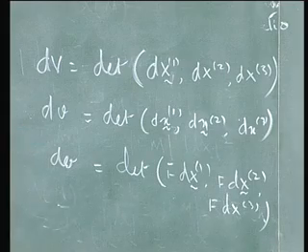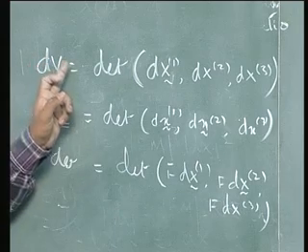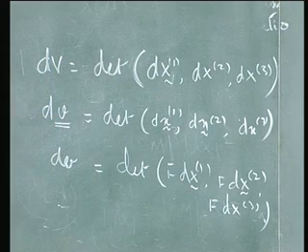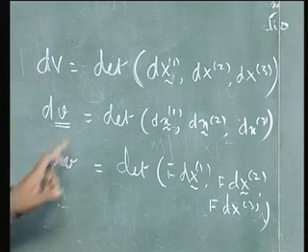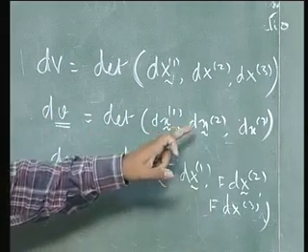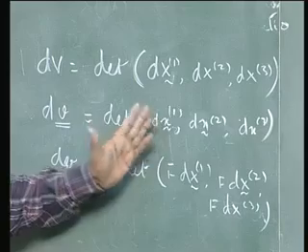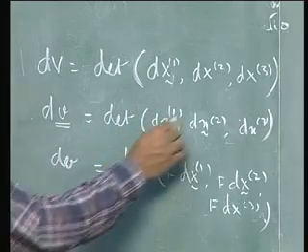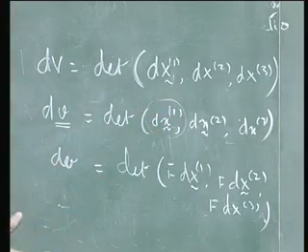Yes, because we are interested in finding out what happens to capital dV after deformation, that is small dv. Hence we are writing this down in terms of small dx1, 2 and 3, and we get that directly from our earlier expression on deformation gradient.